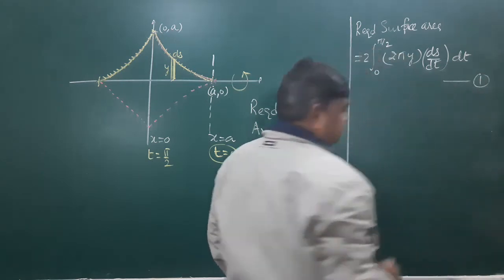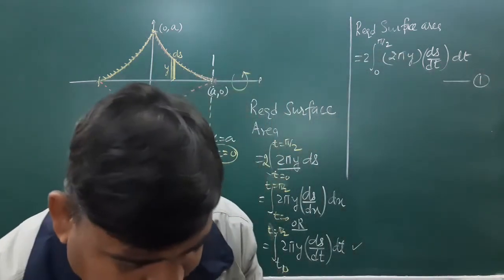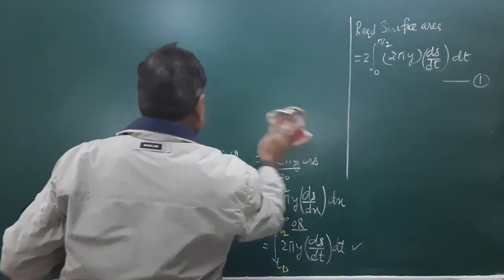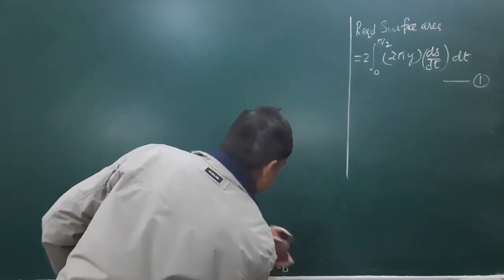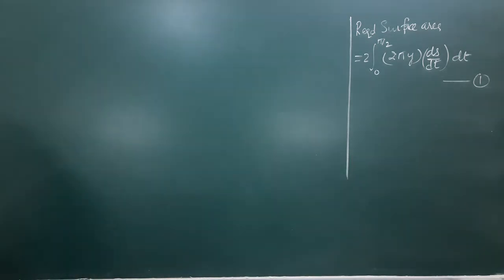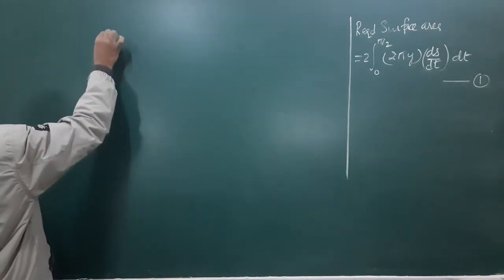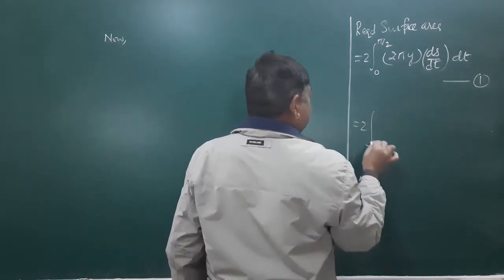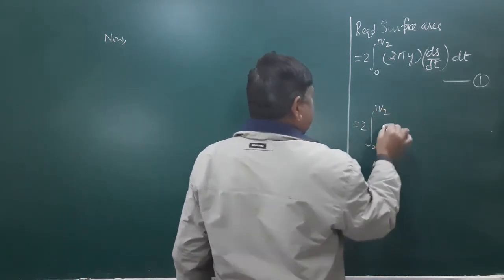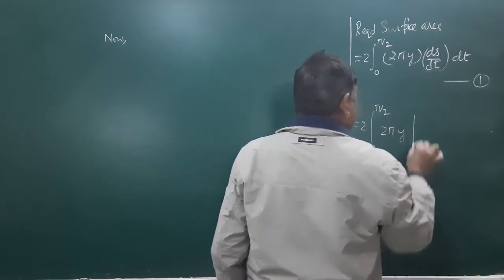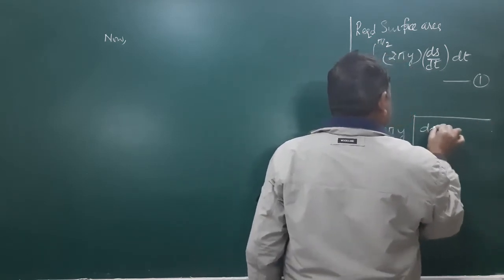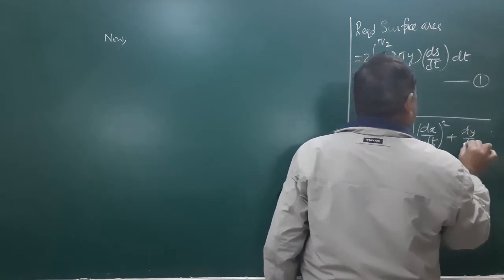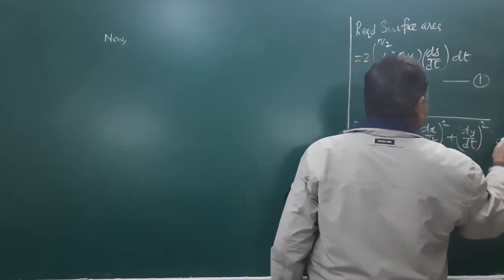This is number 1. Now this is 2 times integral 0 to pi by 2, 2 pi y, this is under root of (dx by dt) whole square plus (dy by dt) whole square.